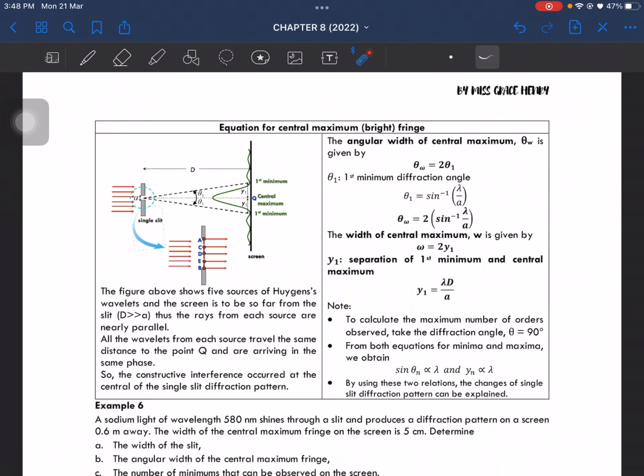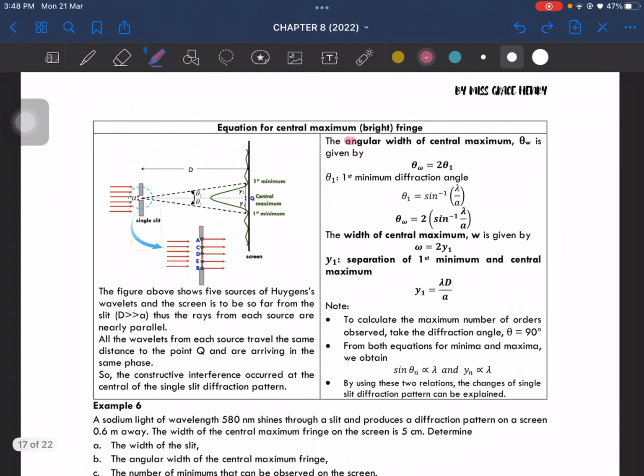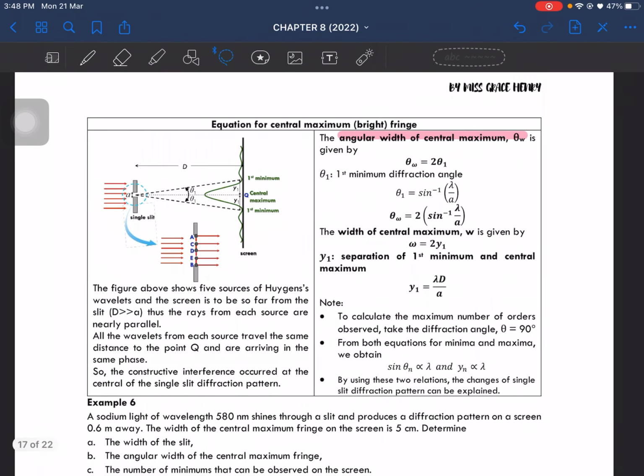The angular width of the central maximum is given here. It is the angular width of the central maximum because it is the bright fringe.